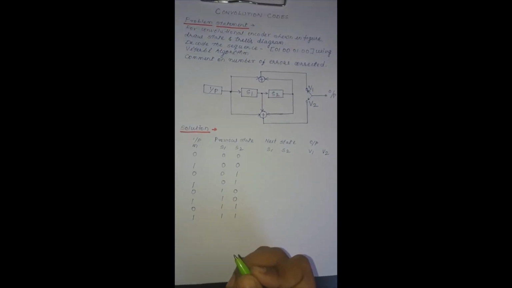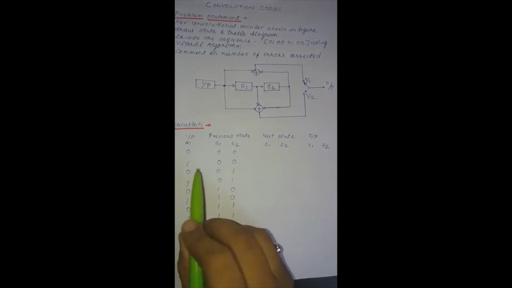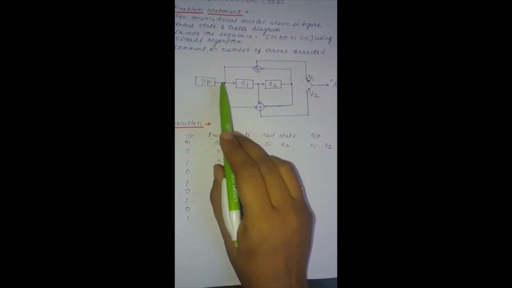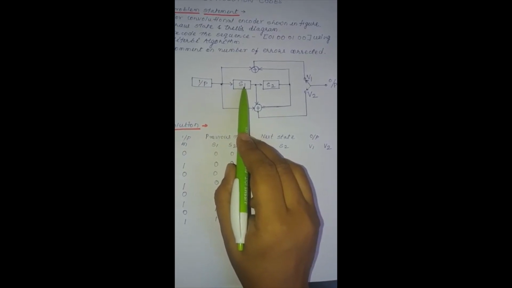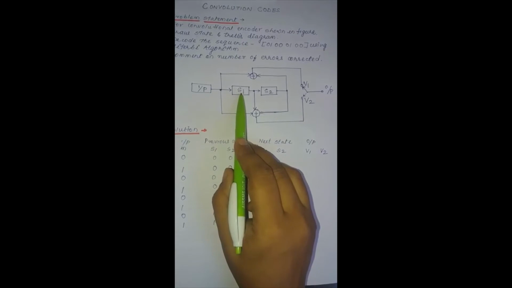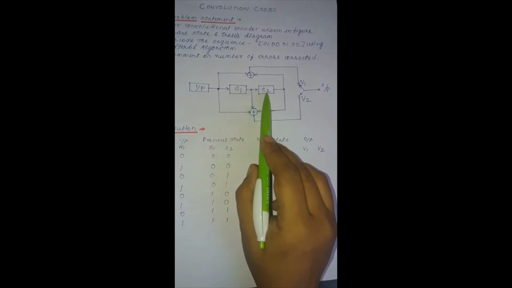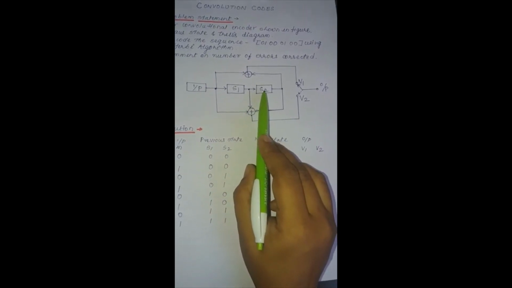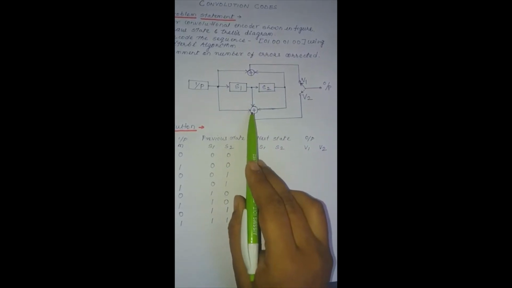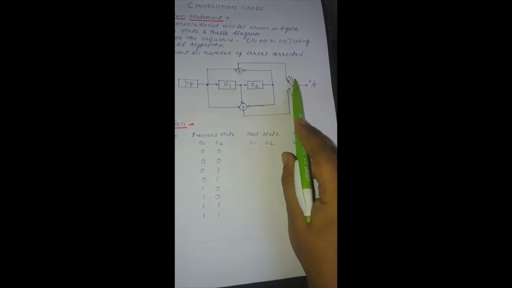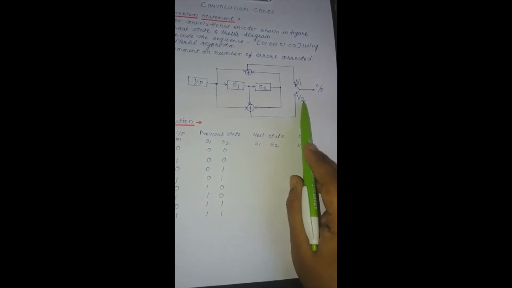Now, as we had seen in case of cyclic codes, whenever an input bit is applied, it shifts into flip-flop S1, the bit in flip-flop S1 shifts into flip-flop S2, and the bit in flip-flop S2 gets applied to the modulo 2 adders, and accordingly the outputs V1 and V2 will change.